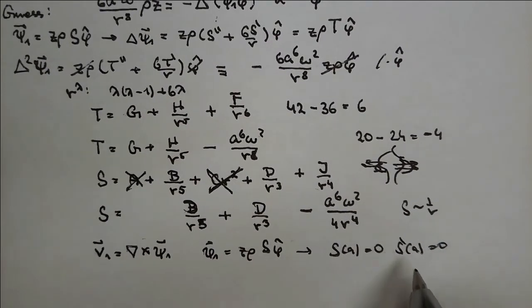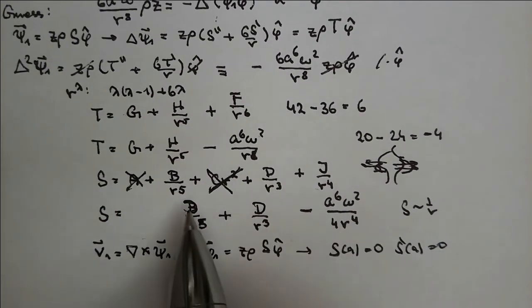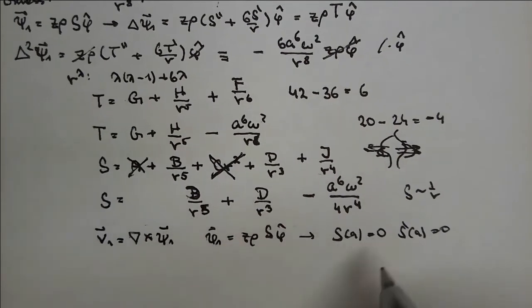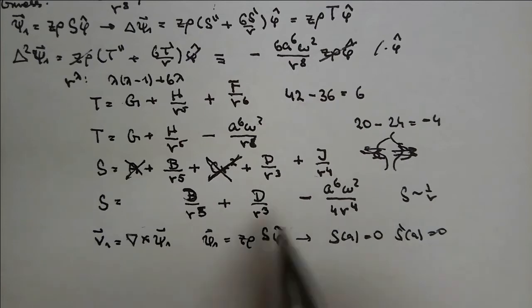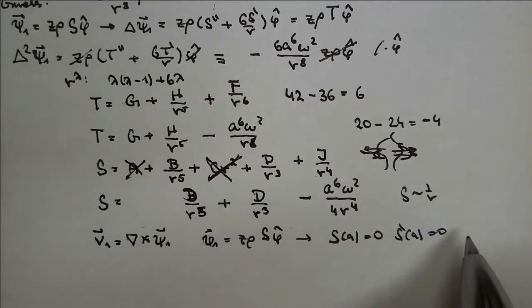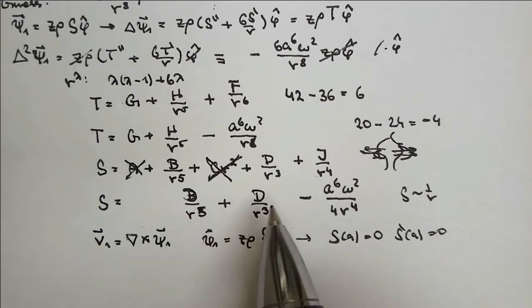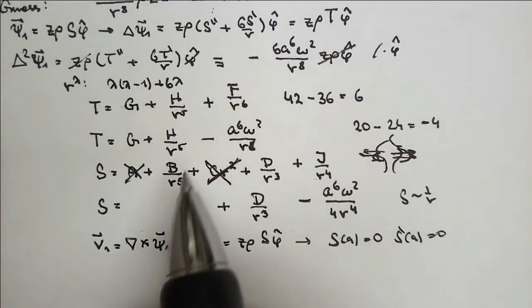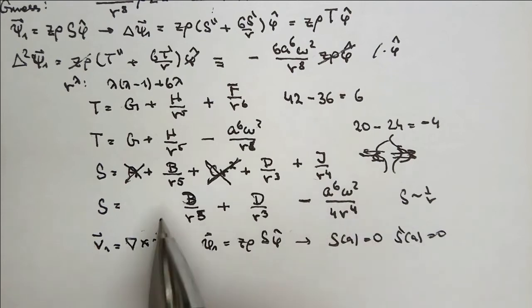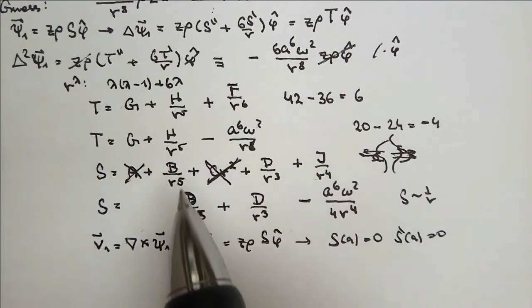And if we substitute into this equation, and if we write s at A is equal to 0, A is the radius of the sphere, and the derivative of this is 0, you will get the constants. I will leave this exercise for the reader, because it will lead again to solving two linear equations with two unknowns.